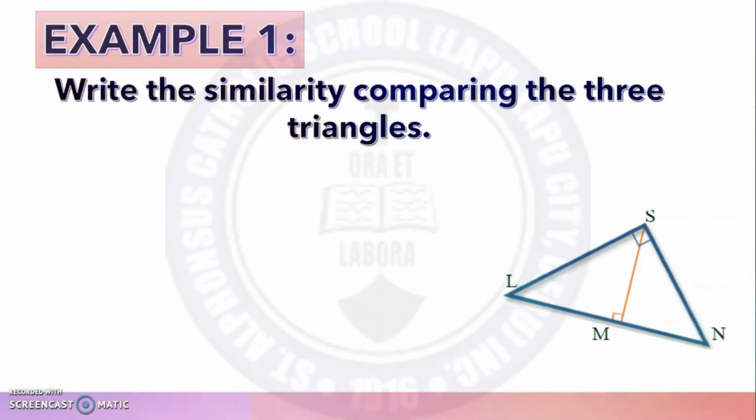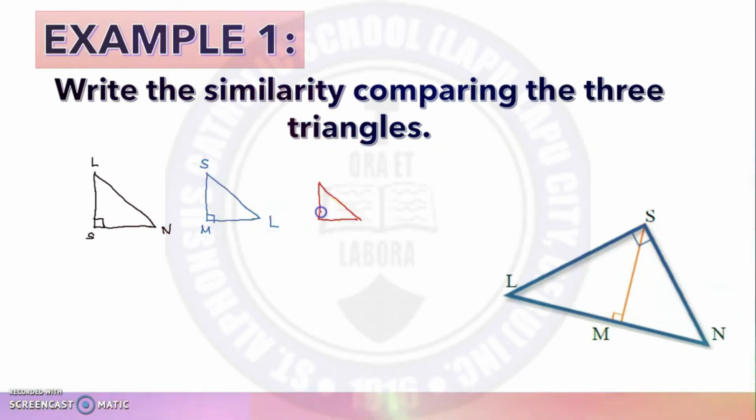So first, class, we're going to identify the three triangles in the figure. The first triangle is the original right triangle LSN. Next one would be the right triangle SML.